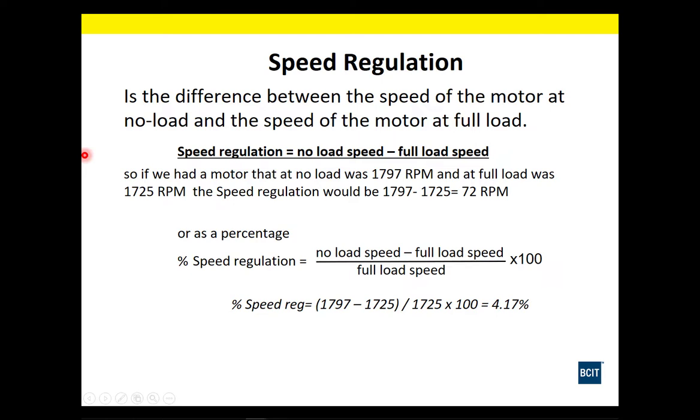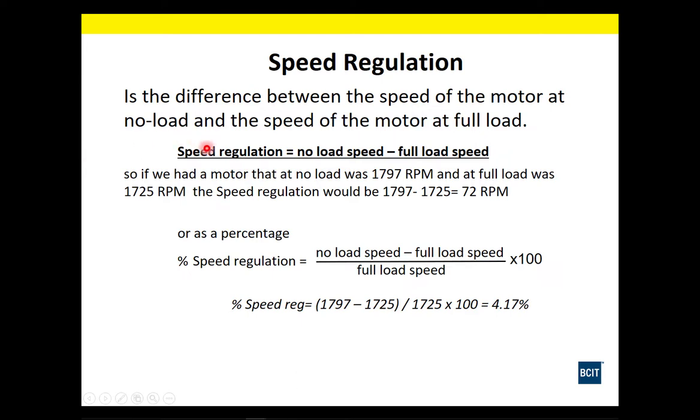At no load, let's say that motor speeds up to 1797, which is close to synchronous speed. Well, if we add load to the motor to get it to maximum full load, and it slows down to 1725, what's the speed regulation?